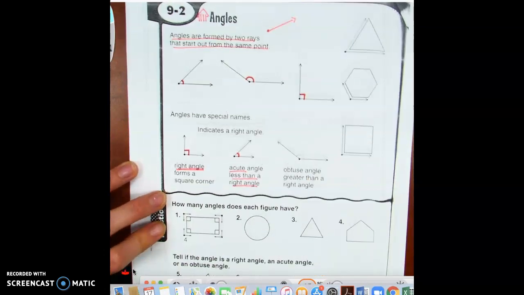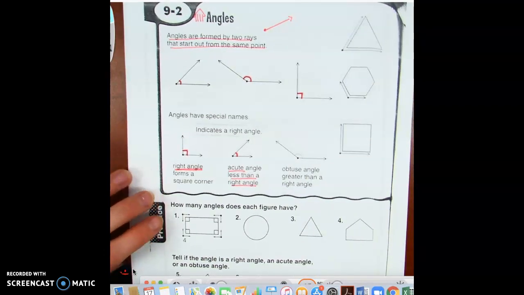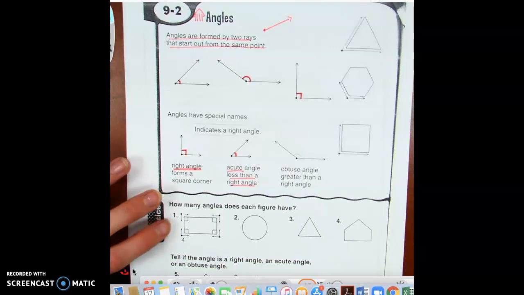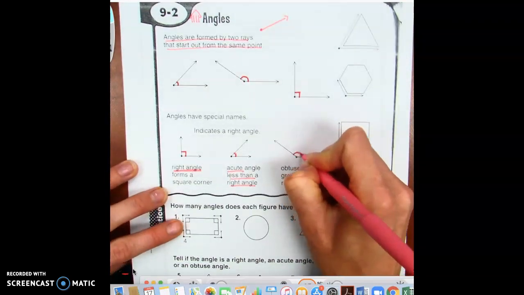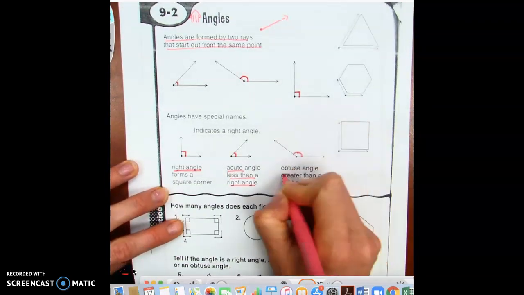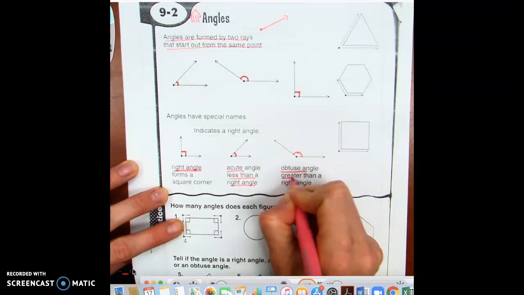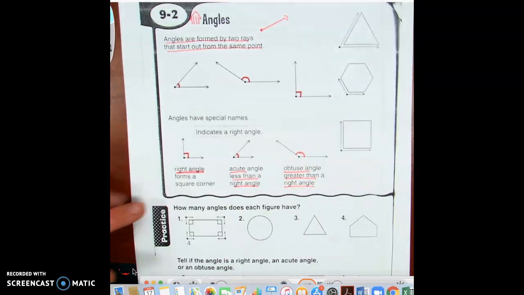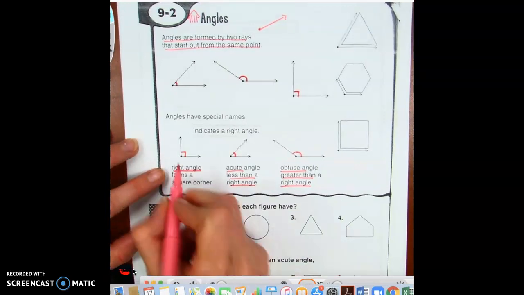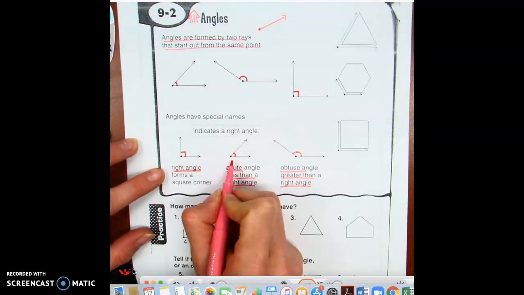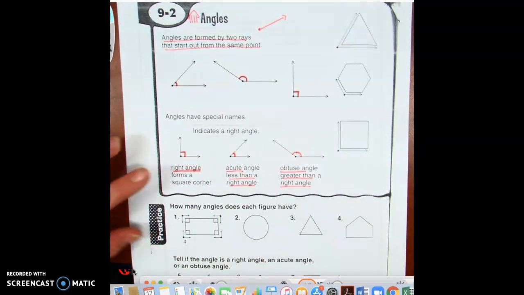And then an obtuse angle, think of it as so big, it is greater than a right angle. So we have a right angle, we have an acute angle, and we have an obtuse angle.